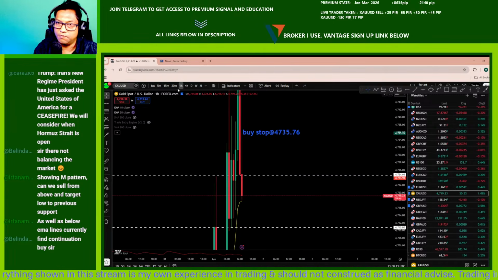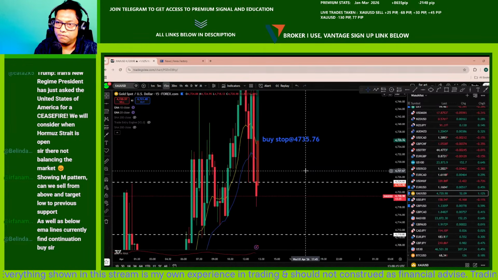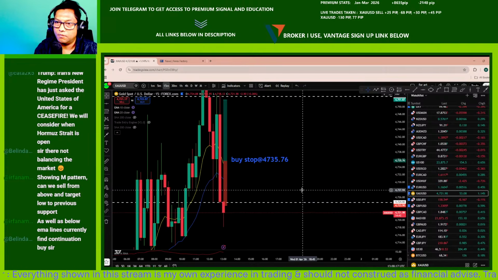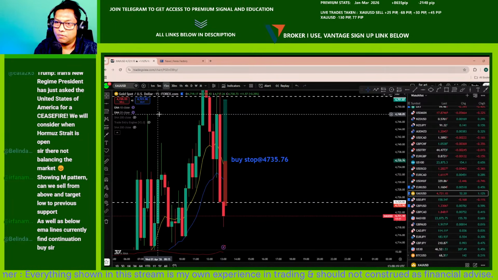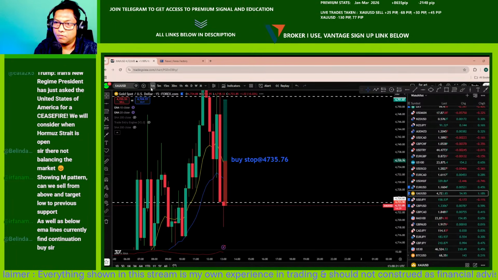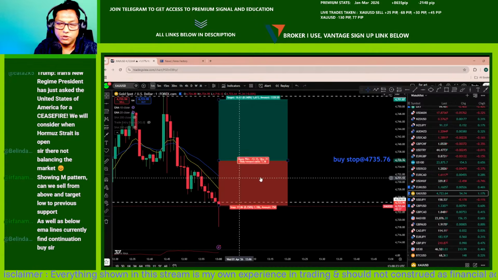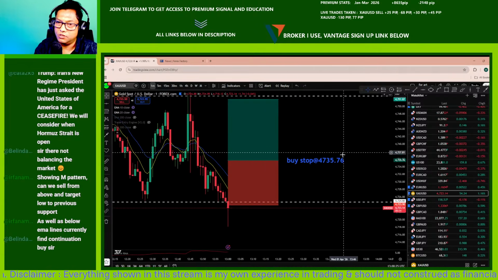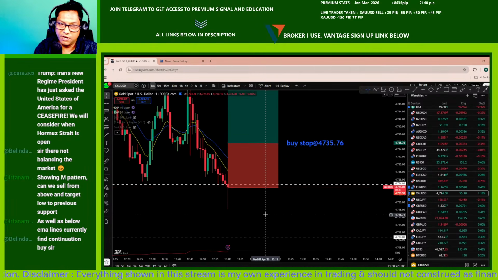Just breaking that support that you can see. Still, I'm looking at the buy stop because this drop can be very unpredictable here.